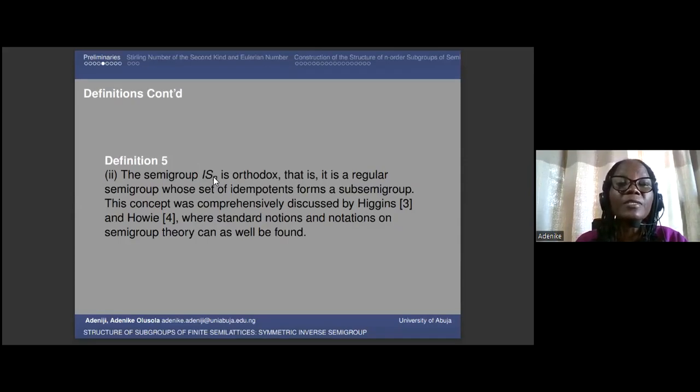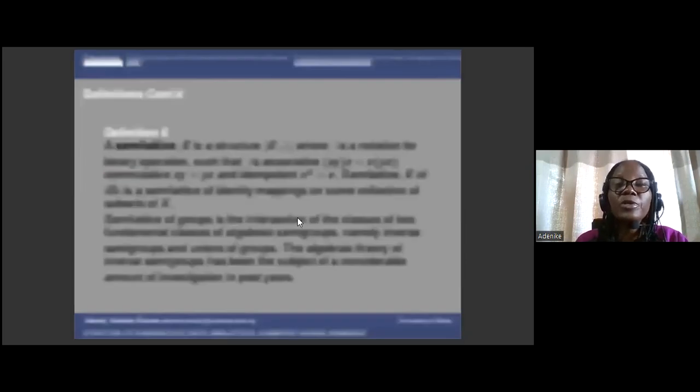But in this particular semigroup we are using, the set of idempotents forms a sub-semigroup. And this more on orthodox semigroups can be seen in Higgins and Owens' work. And as well in their work, we can find standard notions and notations on semigroups.